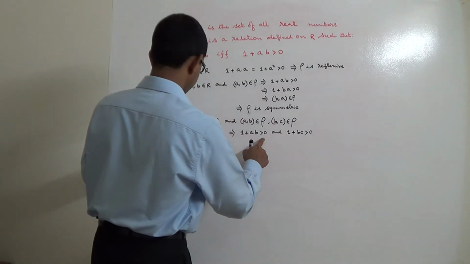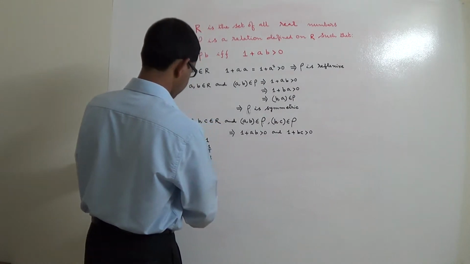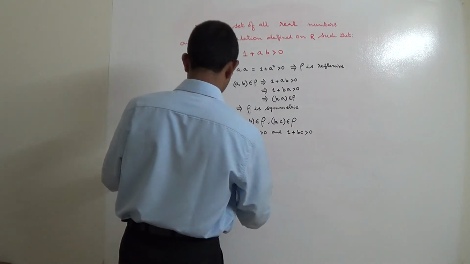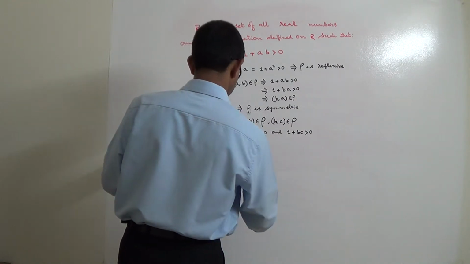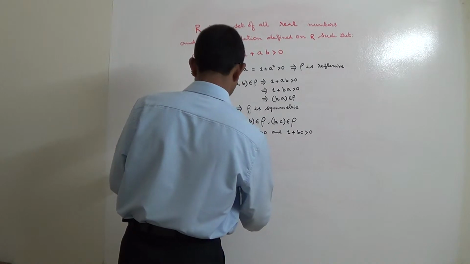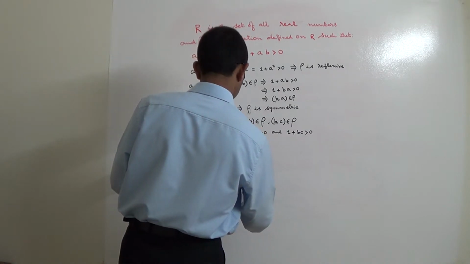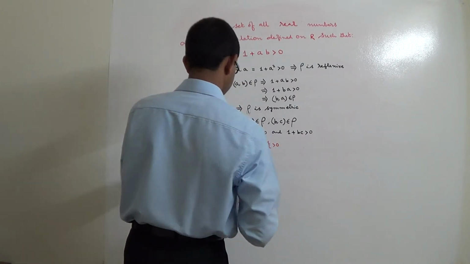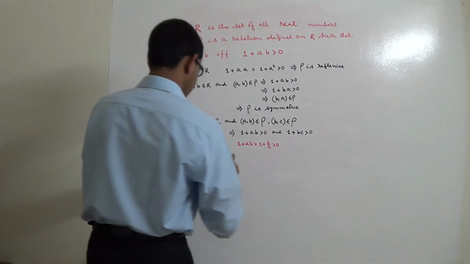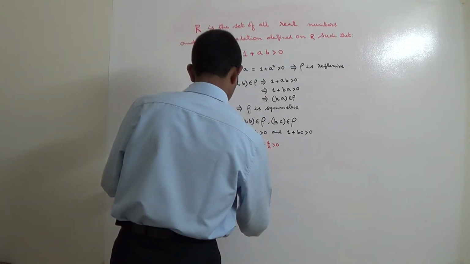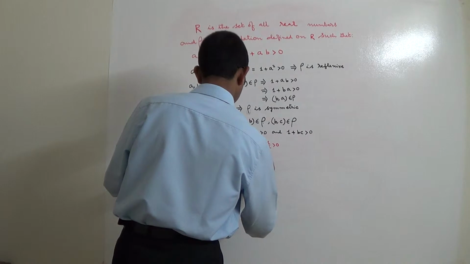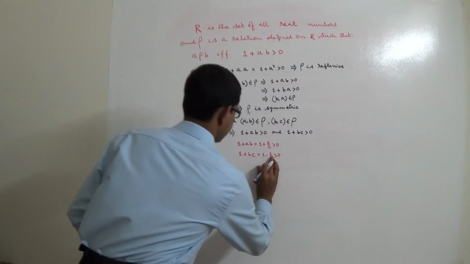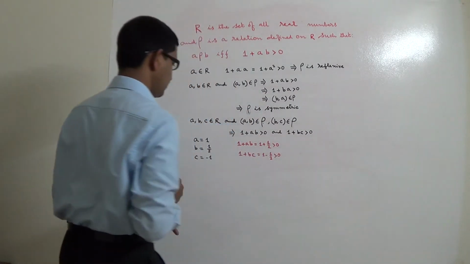Then 1 plus A into B is equal to 1 plus half, which is greater than 0. So A comma B holds true. Then 1 plus B into C is equal to 1 minus half, which is greater than 0. So B comma C also holds true.